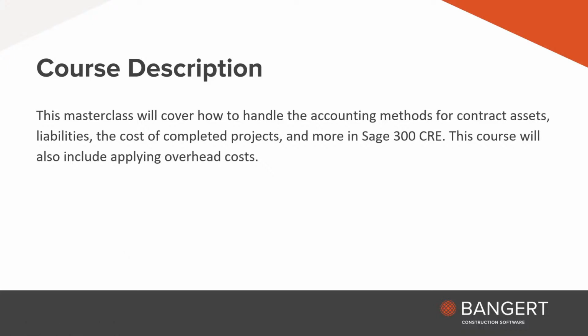So in this live stream, we're going to be going over how to handle and set up your asset accounts, your liability accounts in the general ledger, your revenue, your cost accounts, and how it all works with the percentage of completion accounting, and some common practices that make it easy with Sage 300 and just in general. And then we'll also touch on overhead costs as well.